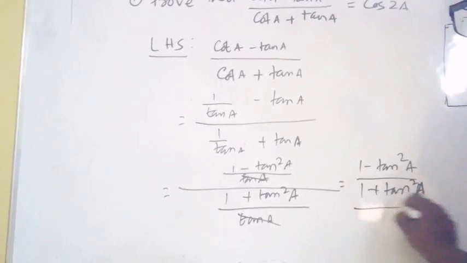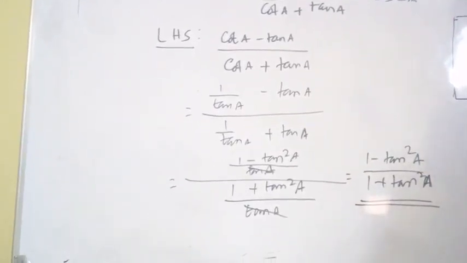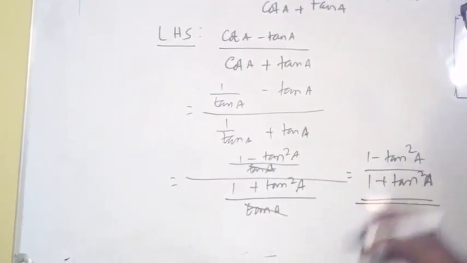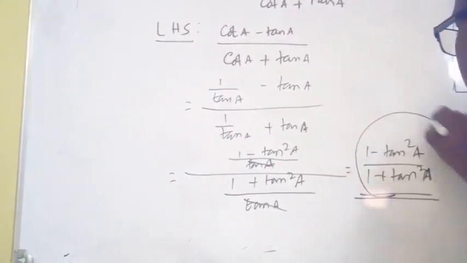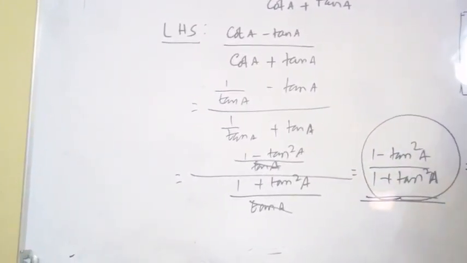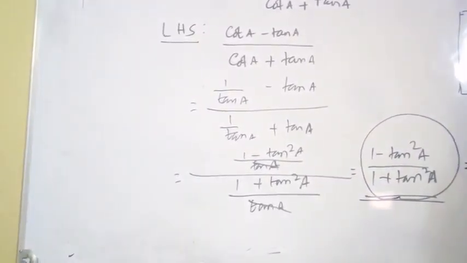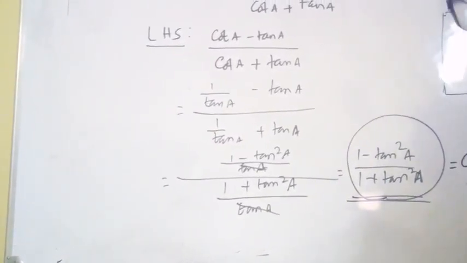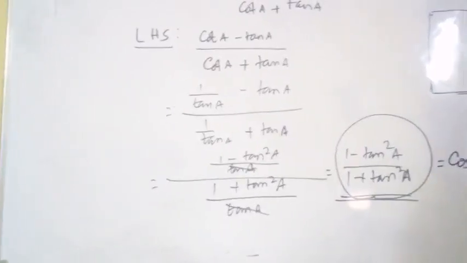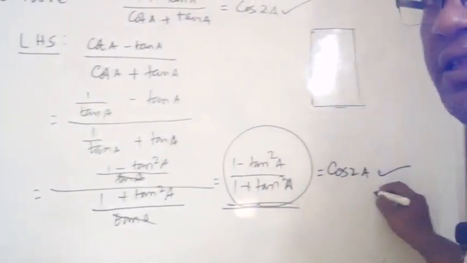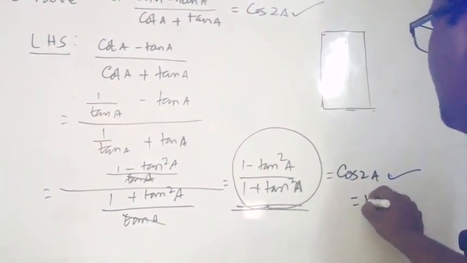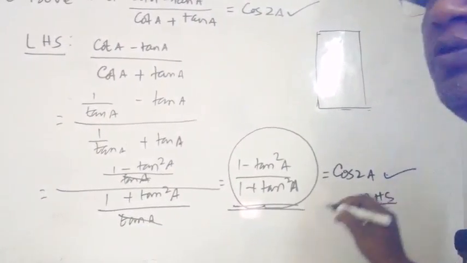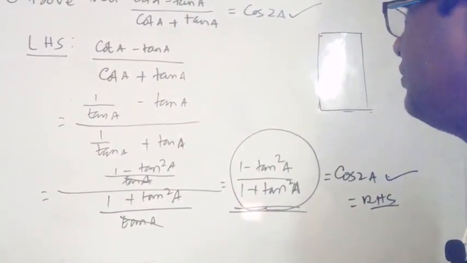This is the formula for which trigonometric function? This is the formula for cos 2a. So what is the right hand side? Cos 2a. So this is cos 2a. Hence proved. So the first question is proved.